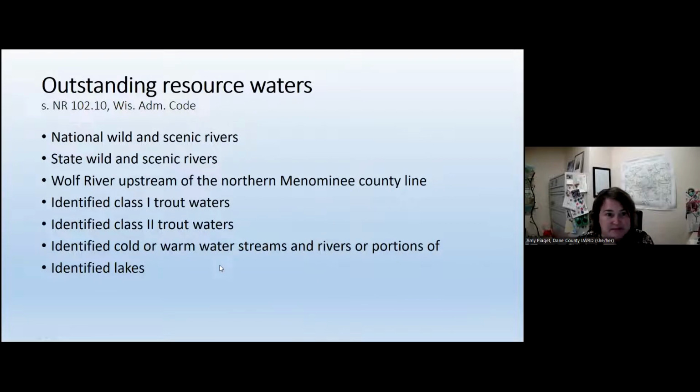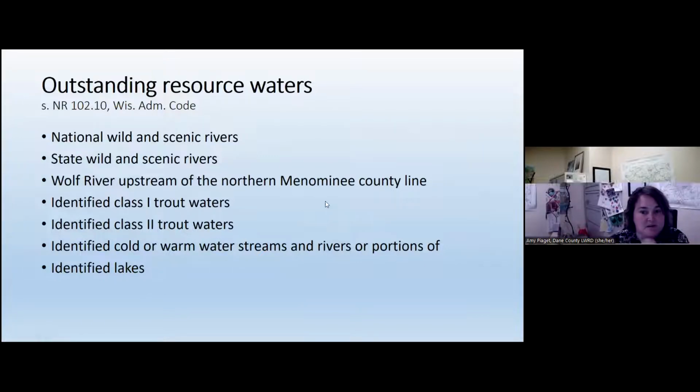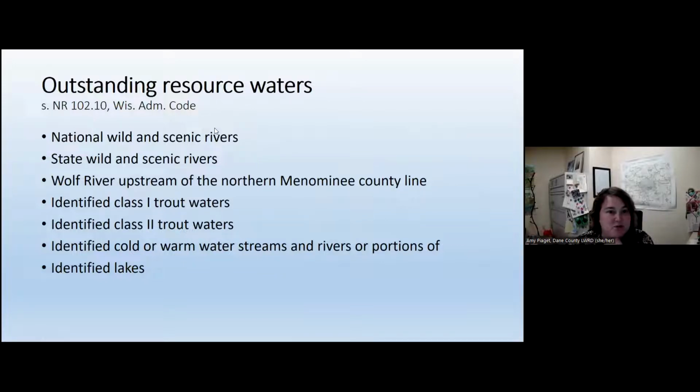The nutrient management standard also calls out outstanding resource waters, which are also available on the DNR website to be identified. But if you look in Wisconsin Administrative Code NR 102, they actually call out all of the streams and segments that apply to an outstanding resource water.